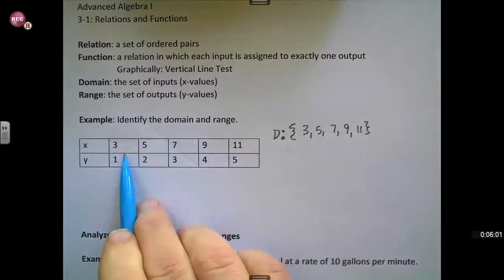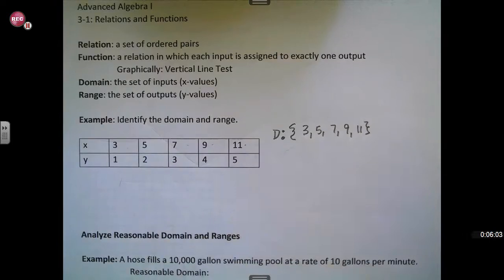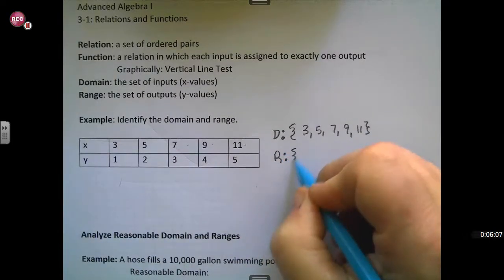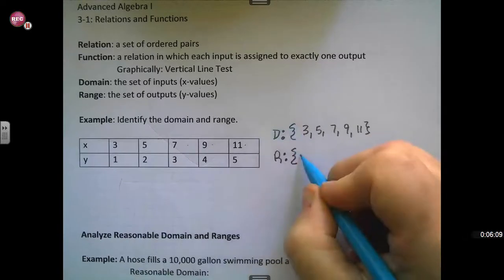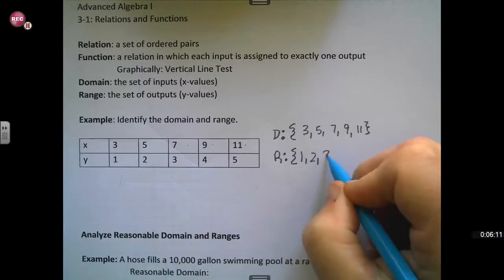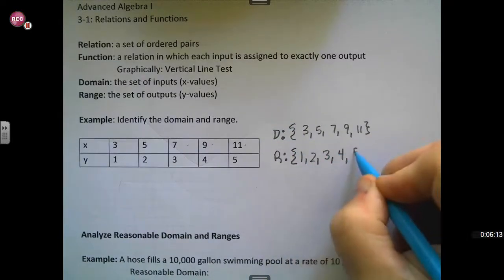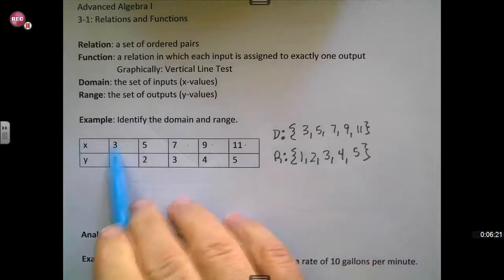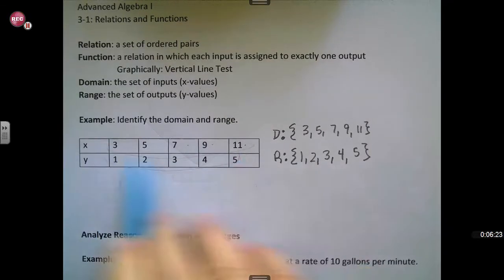I just listed 3, 5, 7, 9, 11. The range is the set of y values, which in this case is 1, 2, 3, 4, 5. And that's really all there is to it. The x values are the domain, the y values are the range.